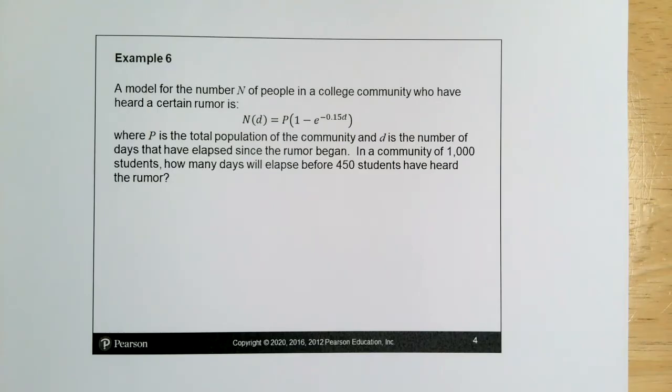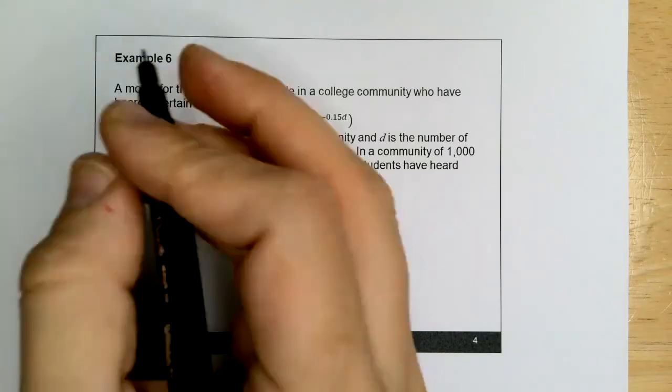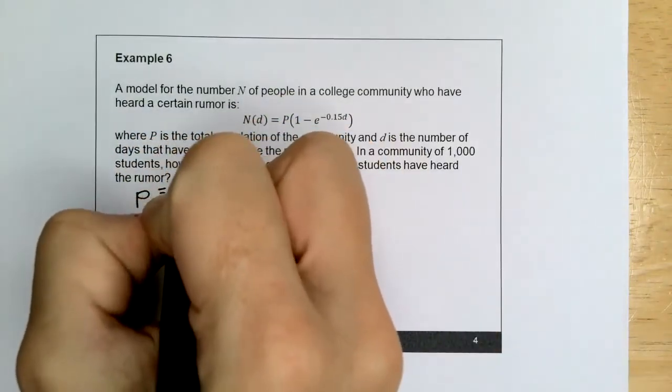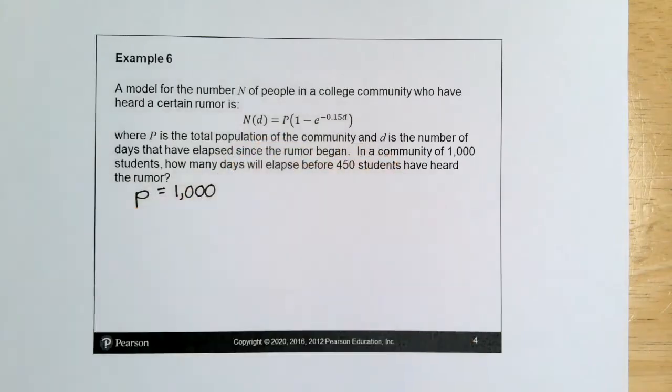So in a community of 1,000 students, P is population, and they said it's 1,000. In a community of 1,000 students, how many days will elapse before 450 have heard it?